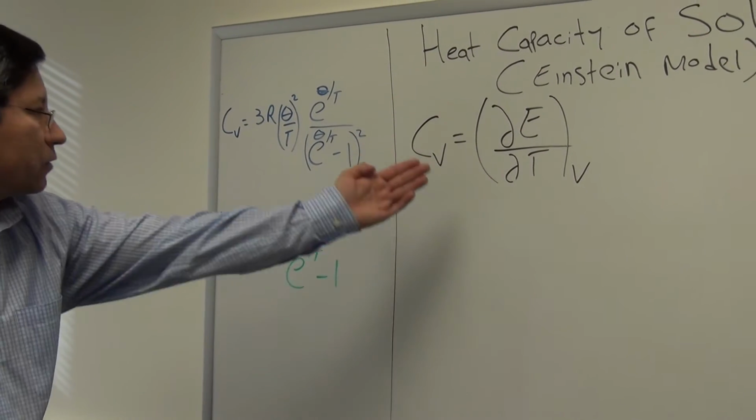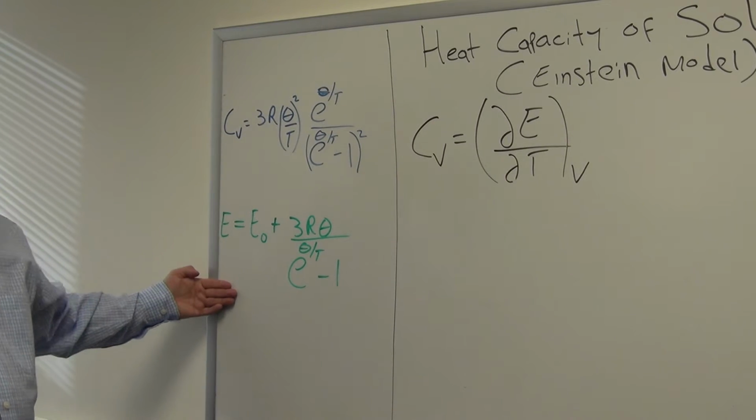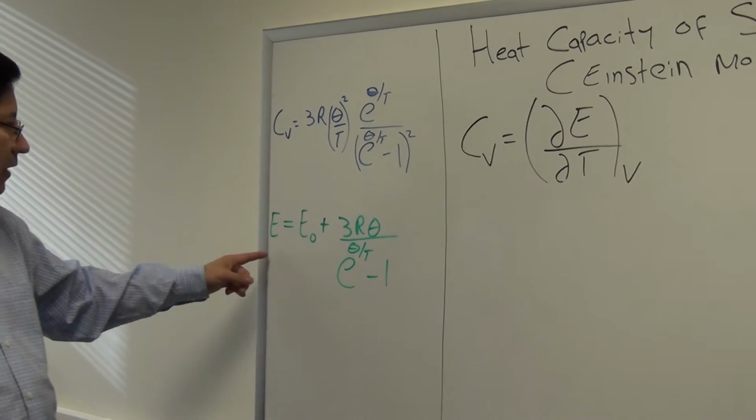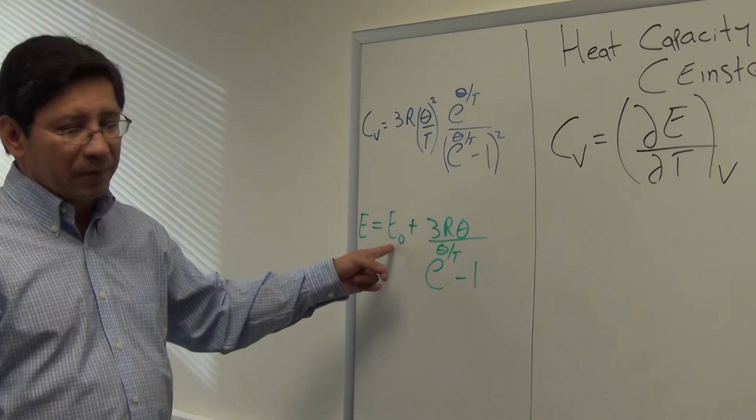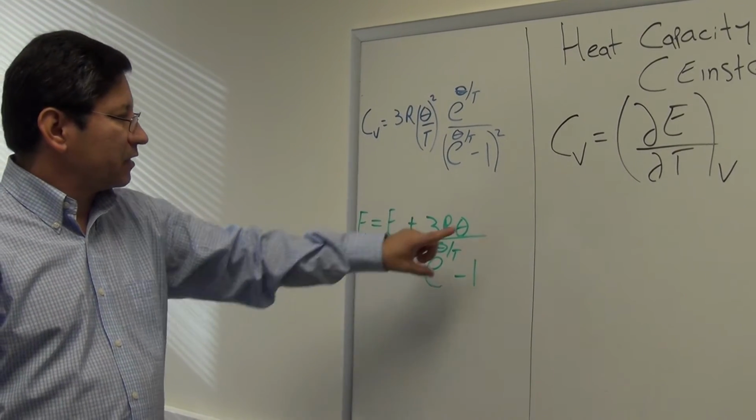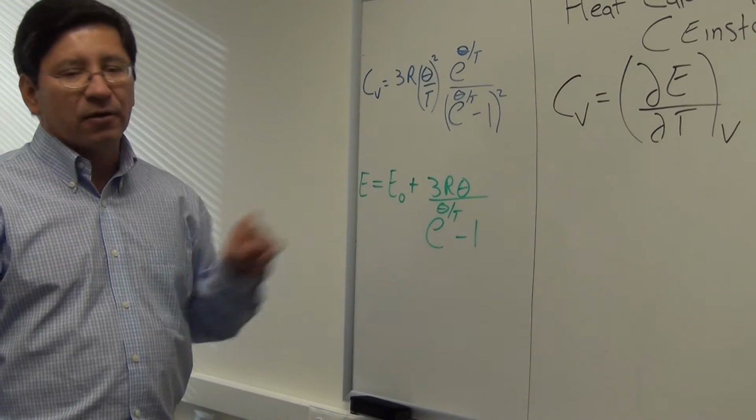So, back to our original expression for the internal energy of an Einstein solid. Well, E sub 0 is a constant, so any derivative of it will be 0. What really matters is this part that has the T component.